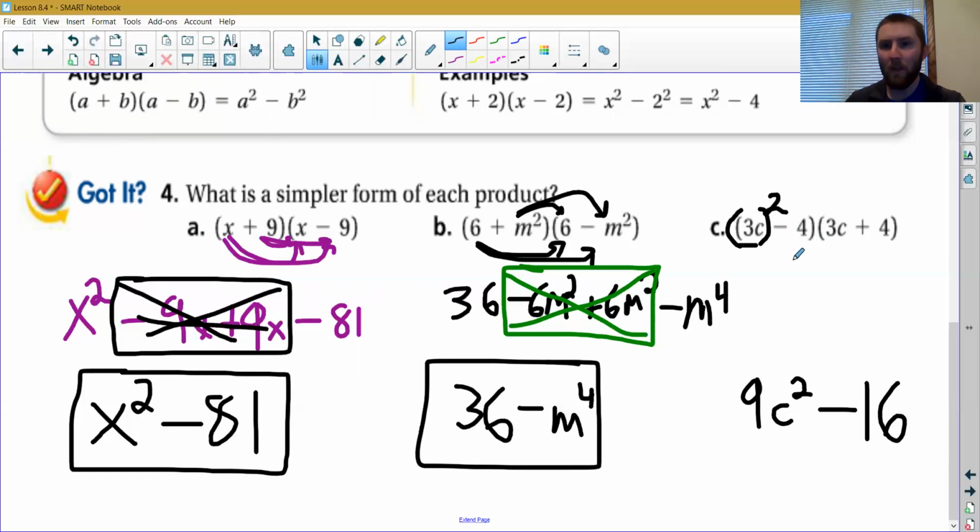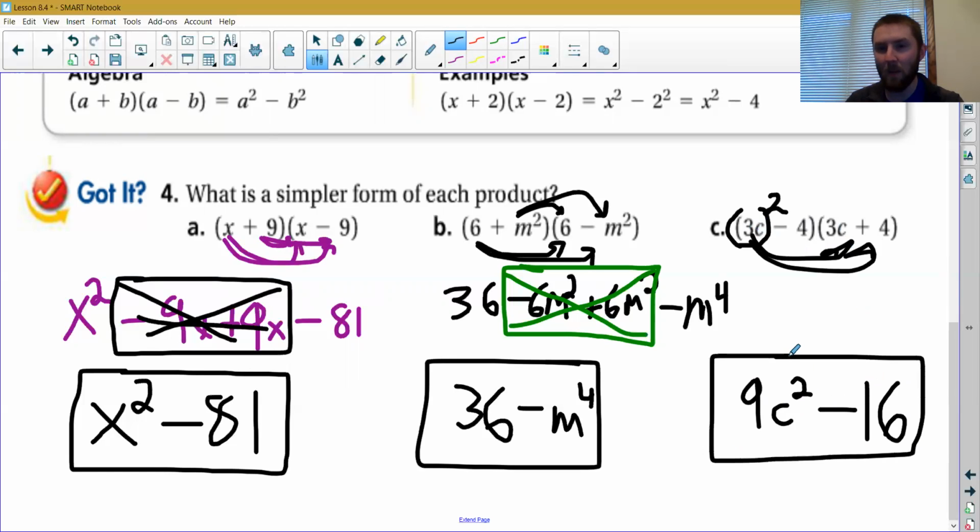Okay, so when I do this double distributive property, 3c minus 4 times 3c plus 4, if I were to do all of my arrows and I were to simplify things, I would end up here. I can sort of skip over that middle stuff because I know, because the terms are the same, just a different sign, the middle stuff is going to cancel out. Those middle two terms are going to cancel each other out, and I'm going to be left with this.